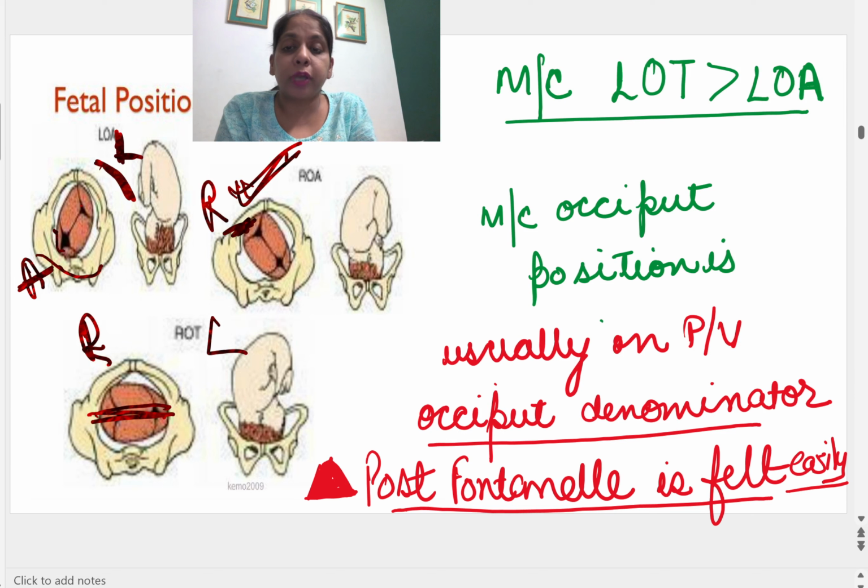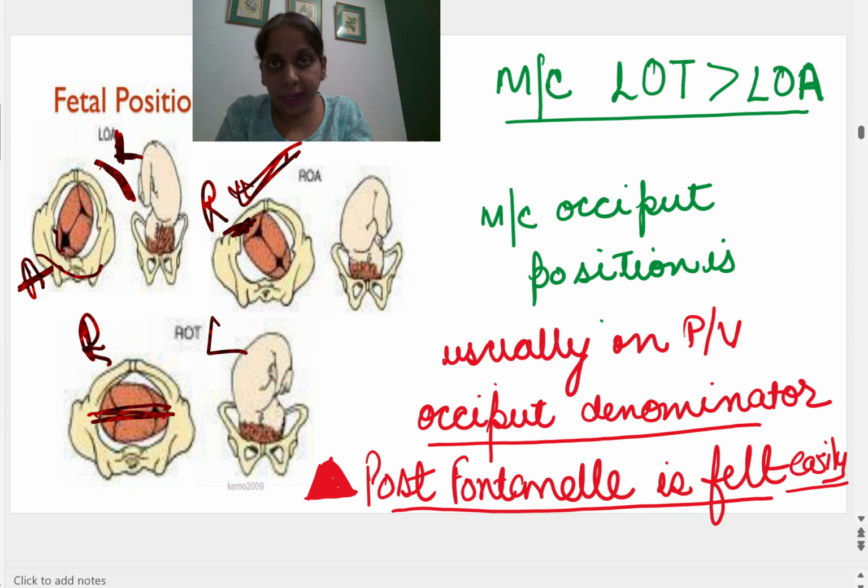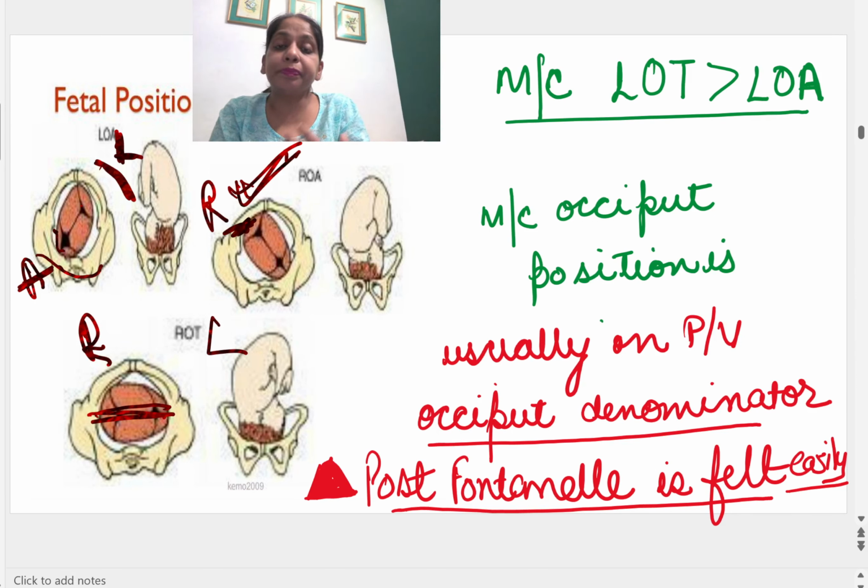Left occiput transverse or left occiput anterior. Usually on the PV we feel the posterior fontanelle, the triangular fontanelle. Okay, are you getting it? Because the most common position is left occiput transverse and left occiput anterior.